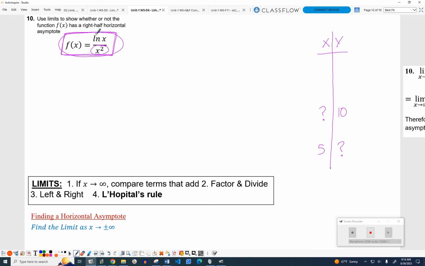Cool. Next big idea. We're looking for xy pairs. It says, does this function have a right half horizontal asymptote? So now what you should mentally be thinking is this. They're telling you the x coordinates. They're telling you to think of x coordinates that look something like this.